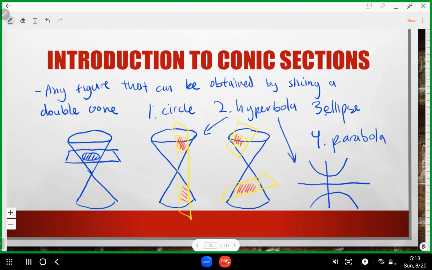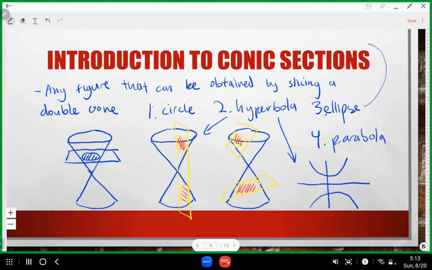Basically, you can think of it as a double parabola, right? It's just two parabolas, except they're reflected. Basically, one parabola reflected, right? And you can actually graph that with a general equation. So that's a hyperbola, and its general equation is actually more similar to an ellipse than a parabola.